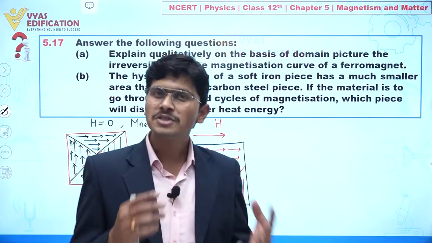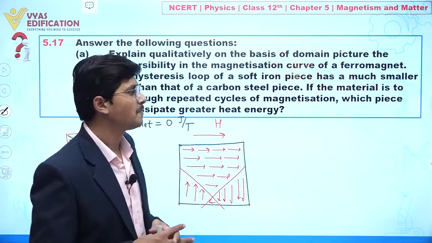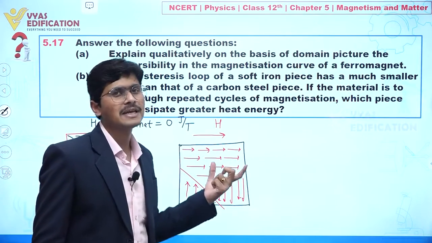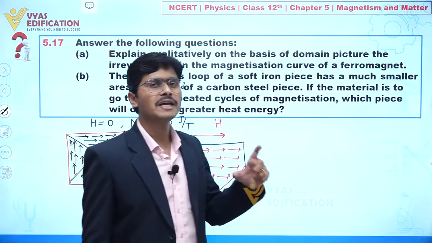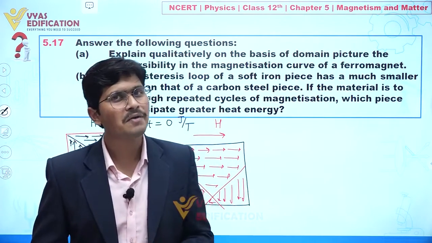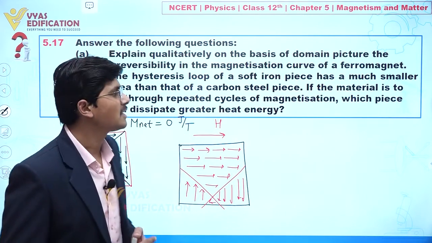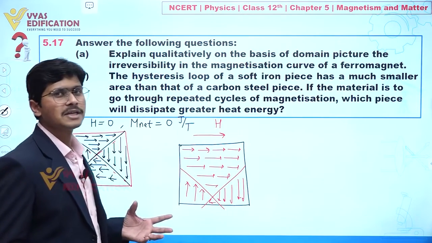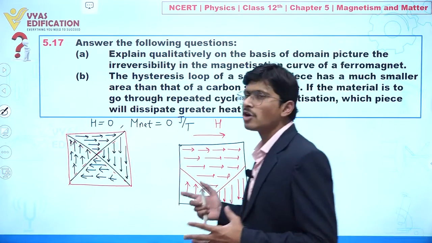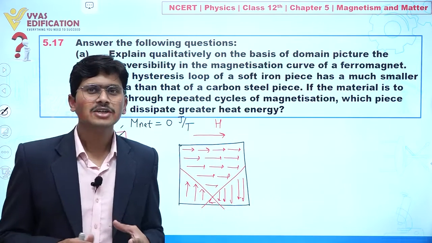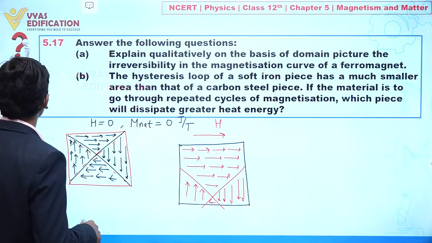So we get a difference in energy, and that difference of energy is dissipated in the form of heat. This is the concept of irreversibility, a qualitative explanation on the basis of domain theory. So this is all about part A.